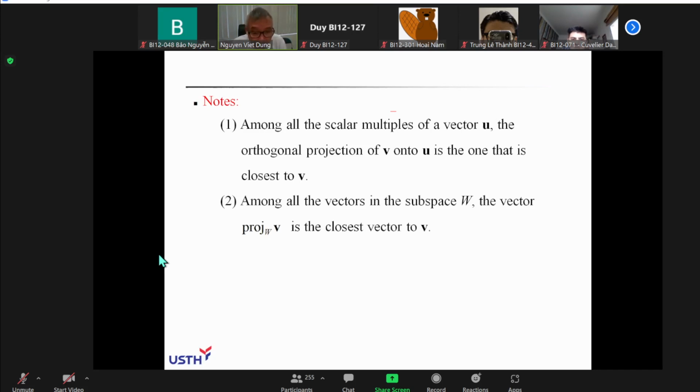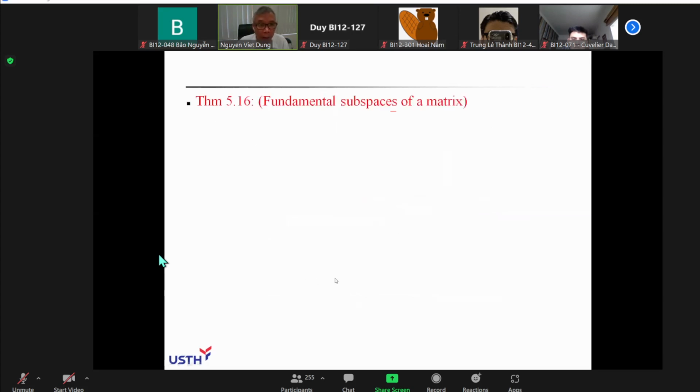And also the same thing, if we consider the projection of any vector on a subspace W, that is, among all the vectors in the subspace W, the projection of v on W is the vector which is the closest vector to v. We are going to use that next week, not today.